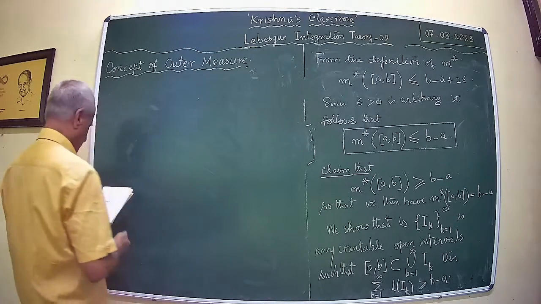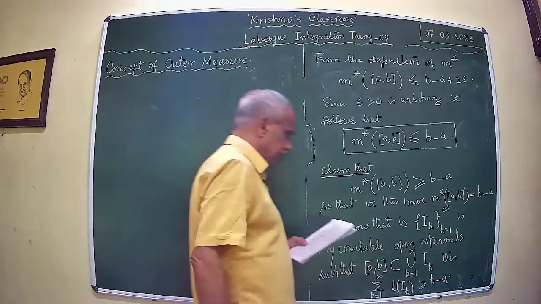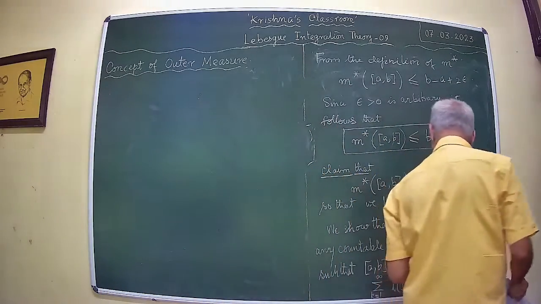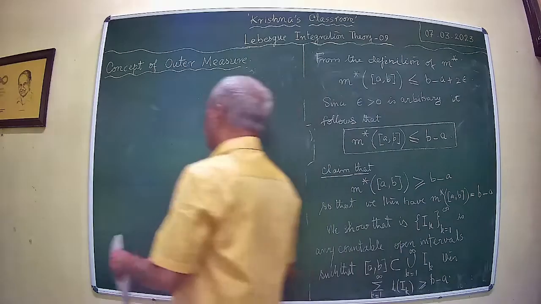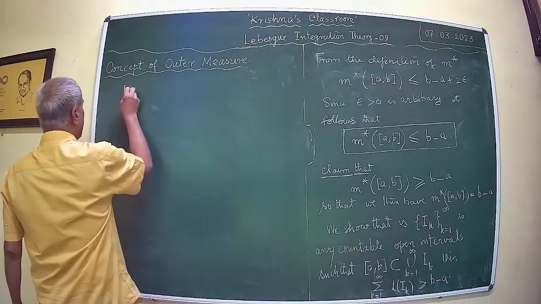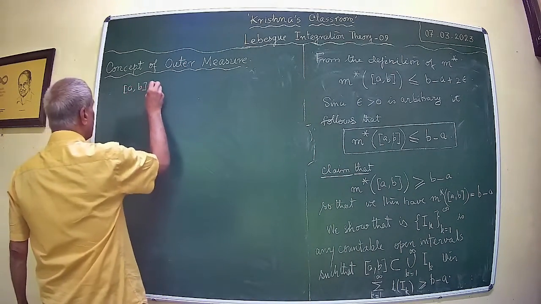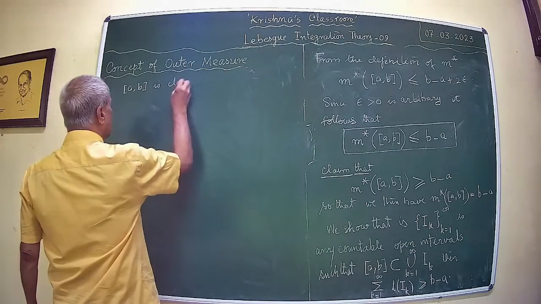Now, you see that this is an open cover. See, AB is closed and bounded.